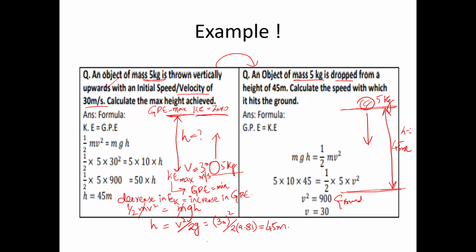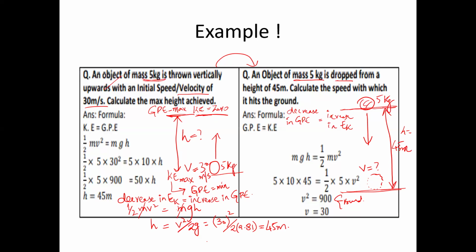You need to calculate the speed, like as the ball is going to hit the ground, you need to calculate the speed with which it is going to hit the ground. So how can that be found? Again, there is going to be a decrease in gravitational potential energy, and an increase in kinetic energy.